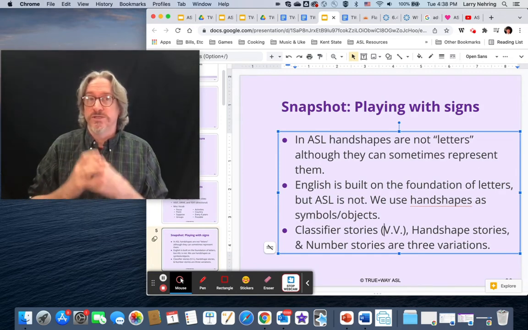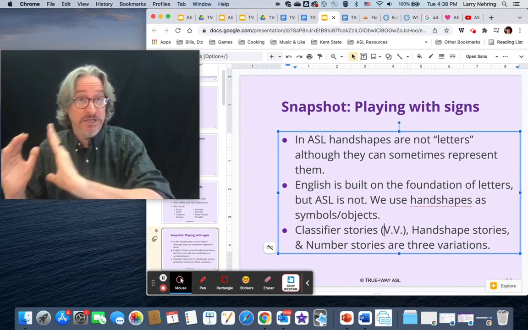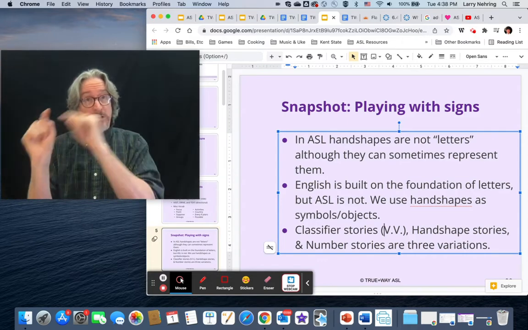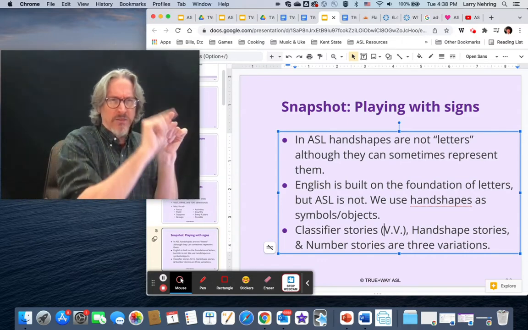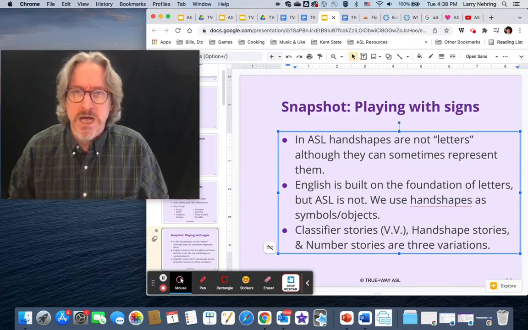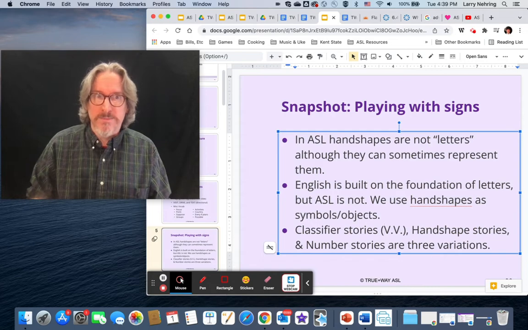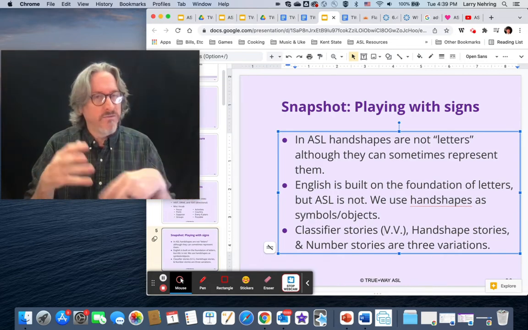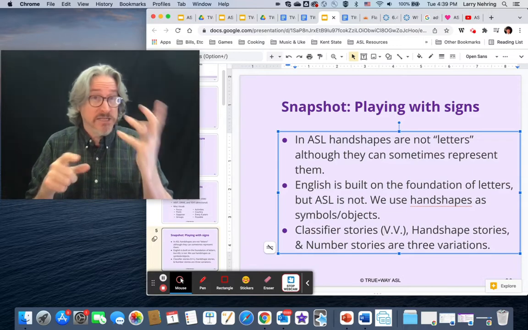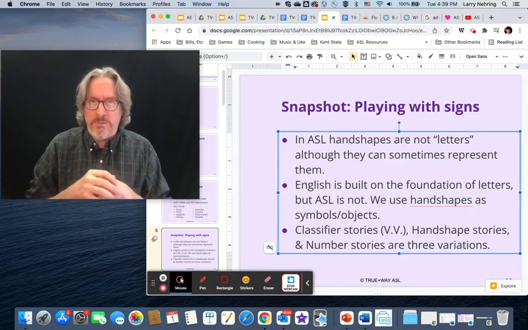So we will use our hands and our hand shapes as images that are more international, based on what they look like, not necessarily other signs and how we use them within a language. Again, I'll show examples of that. It's a little hard to wrap your brain around, but if you just watch it, it will make sense. One of the videos I can show explains visual vernacular, so that can help.